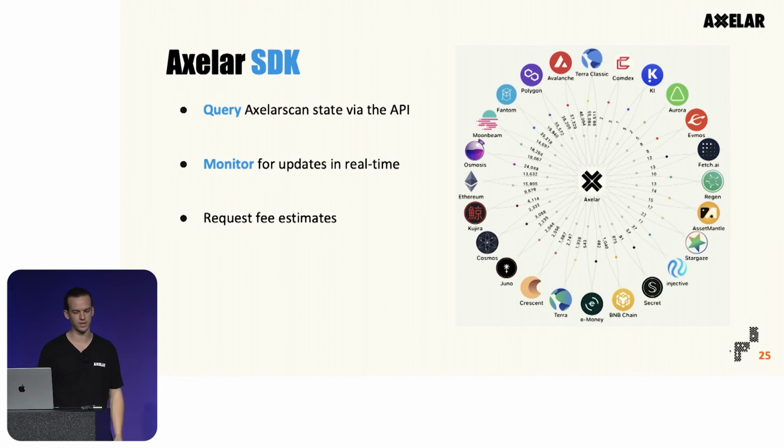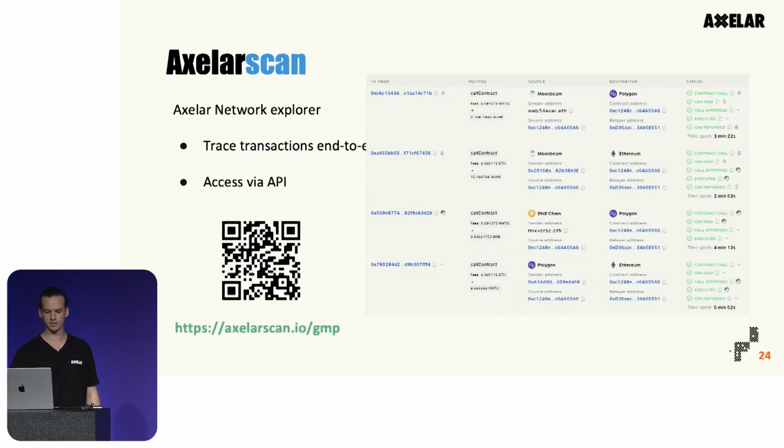And then there's also utilities like being able to get fee estimates for how to interact with the gas contract. And essentially everything you have in Axelar Scan, you can access via this API. So if you're doing development, then Axelar Scan is kind of your go-to endpoint for all the data that you need to be able to actually trace and debug and so on.